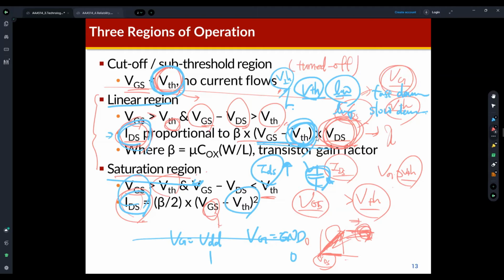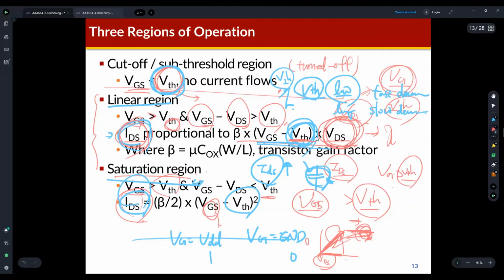Then we can reduce the threshold voltage, which means we can make the best device also. There are many factors for the best device, but for the same technology node, this current level is determined by the threshold voltage.